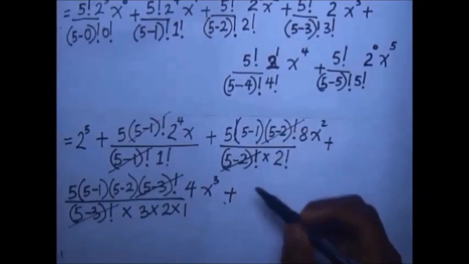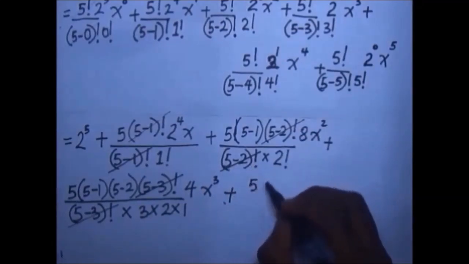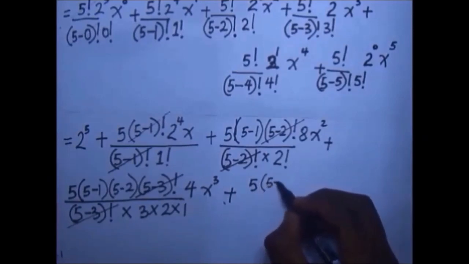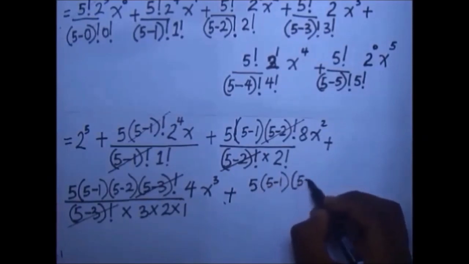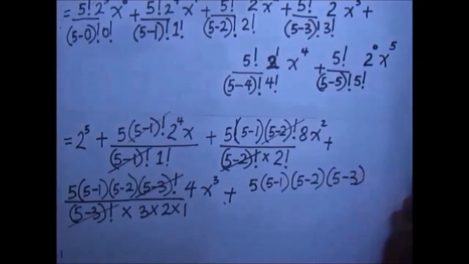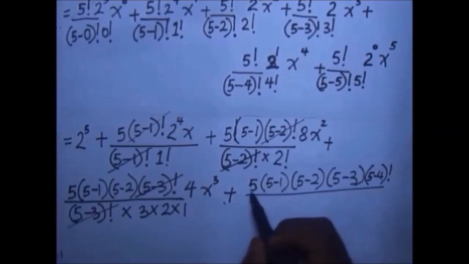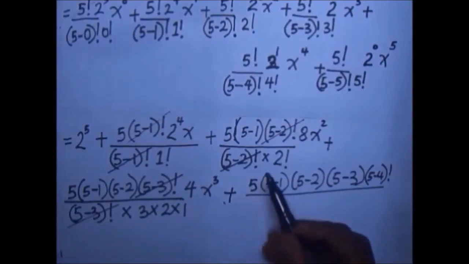We continue, plus that next one, it's going to become 5 into 5 minus 1 times 5 minus 2 times 5 minus 3 times 5 minus 4 factorial. Divide that by what is in the denominator.